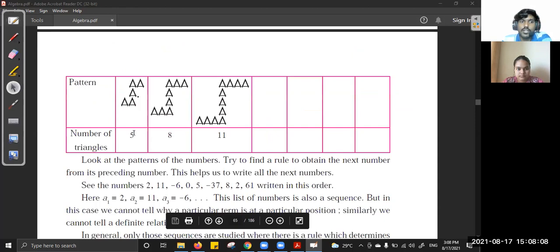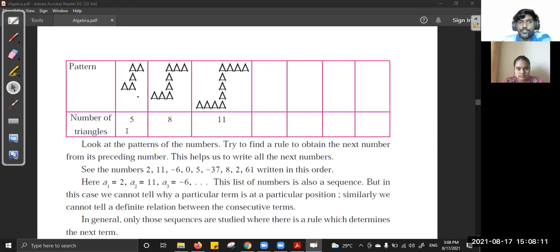Same thing here. In the first pattern, there are 5 triangles. In the second pattern, there are 8 triangles. What is the difference? How many have increased? 3. Same in the next, there are 11. Again, 3 increased. What should come next? Then 15, and then 18.